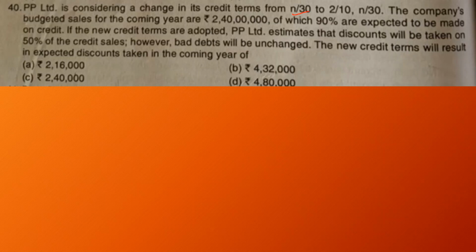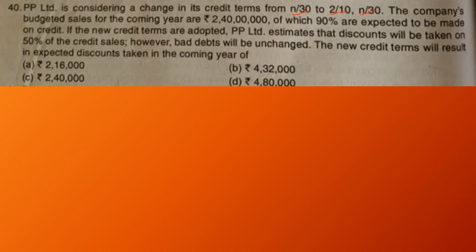Now they have decided to give a discount of 2% for payment within 10 days and the due date is the same, 30 days. The company's budgeted sales for the coming year are 2 crore 40 lakhs, of which 90% are expected to be on credit.